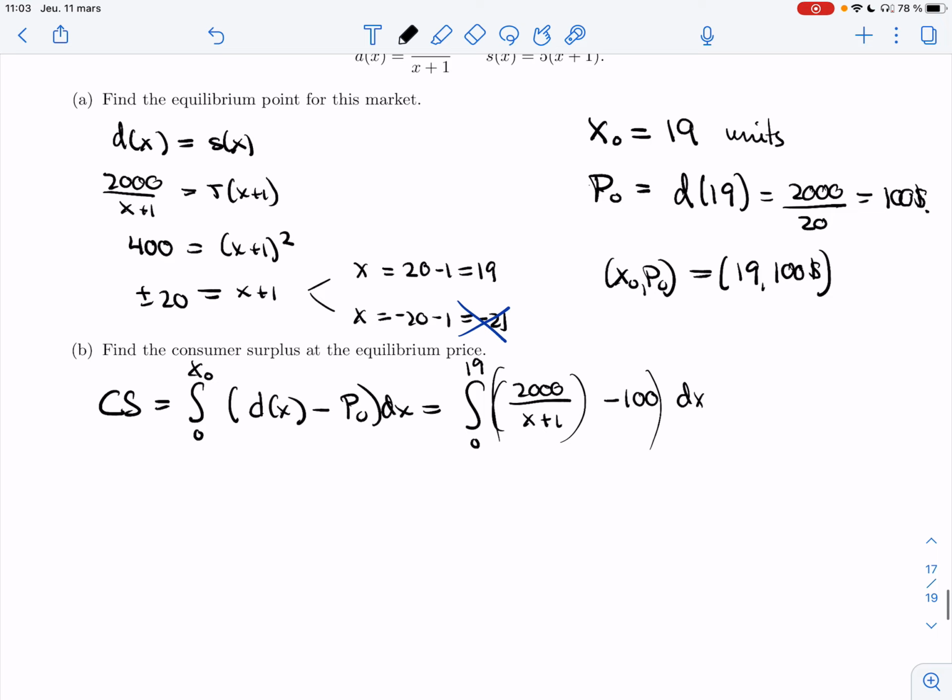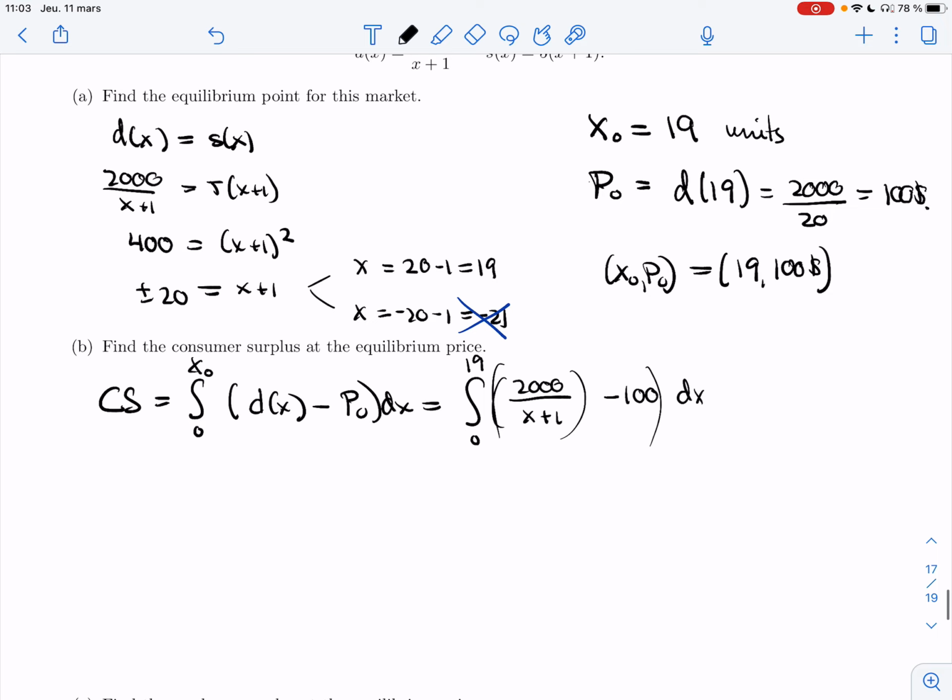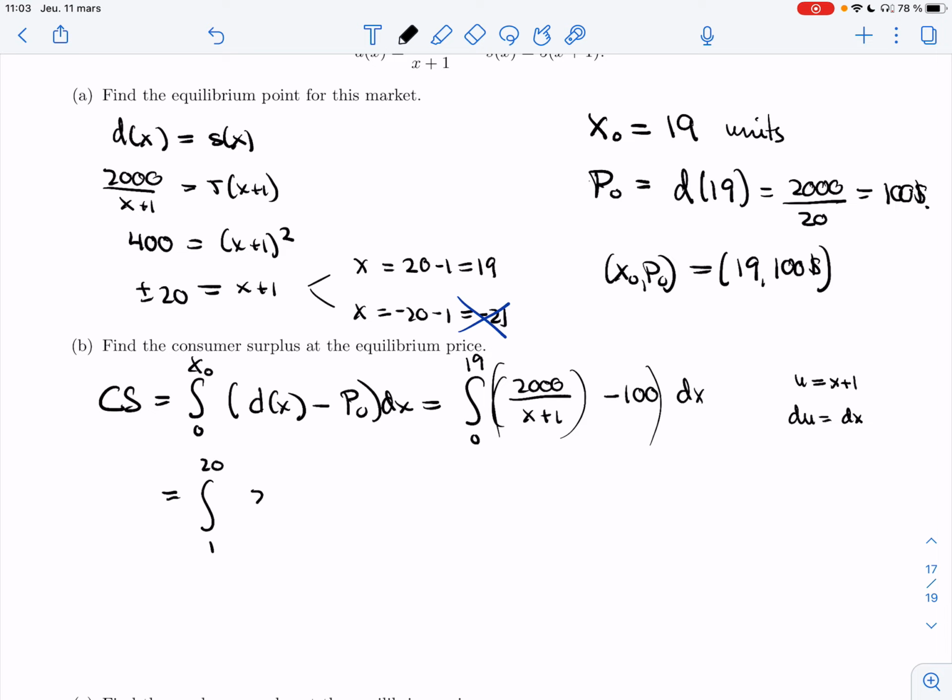All right, so to integrate this, I would use a substitution. I would substitute for x plus 1 since that's inside my denominator. So I'm going to plug in the bounds, and so I'll get the integral from 1 to 20 of 2,000 over u minus 100 du.